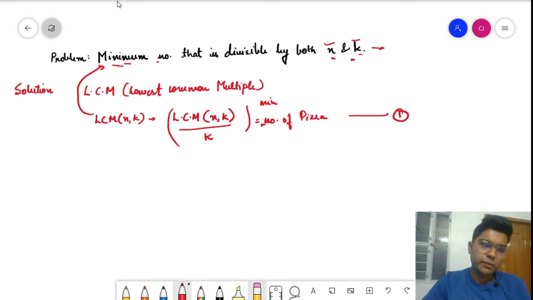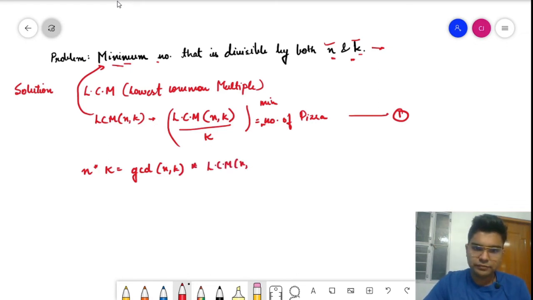So we know one equation, that the product of two numbers is equal to the GCD of n and k into the LCM of n and k, right? This is equation number 2. Mathematically we know this equation.